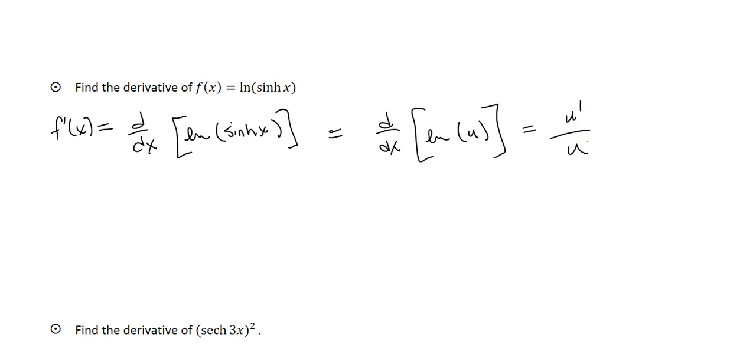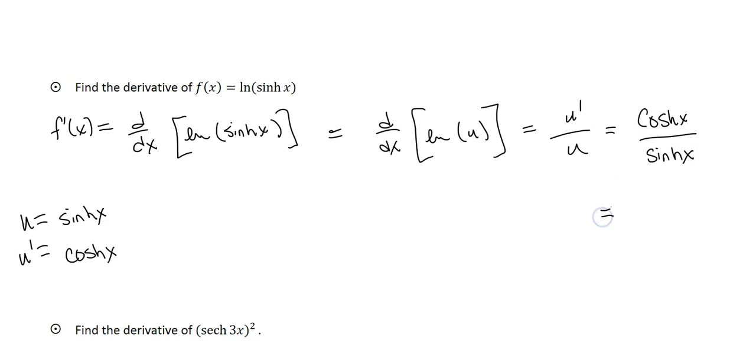I just need to know what u prime actually is. So u is the hyperbolic sine of x, and u prime is going to be the hyperbolic cosine of x. So this gives me the hyperbolic cosine divided by the hyperbolic sine. And we do know that that is equal to the hyperbolic cotangent of x. So that would be my answer there.